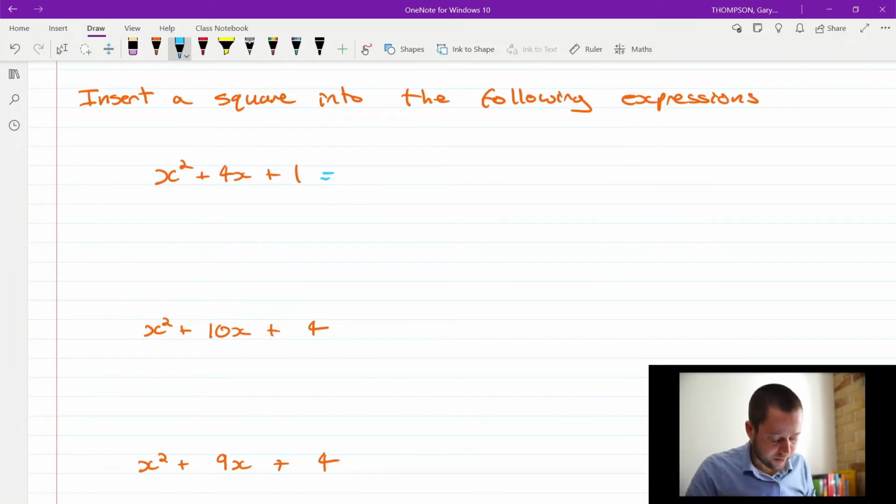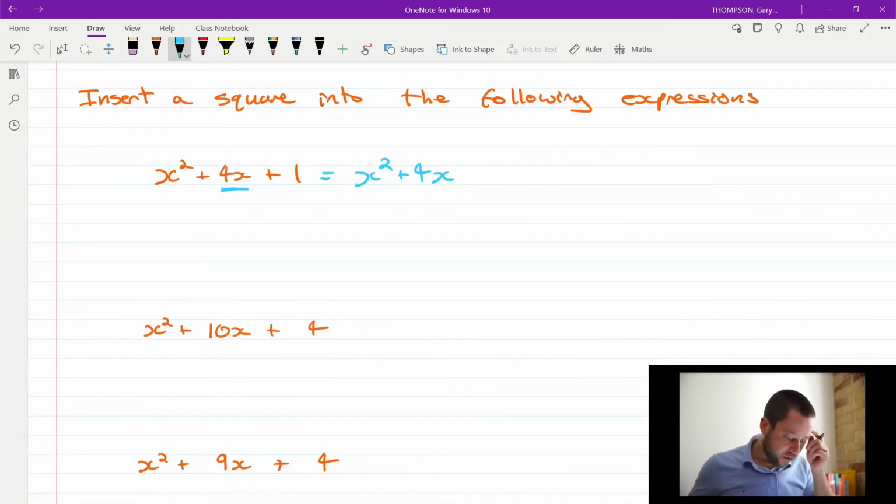So I've got x squared plus 4x plus 1. When we're completing the square, or inserting a square inside an existing expression, I only care about the x squared plus 4x. That's the part of the expression I care about when I'm forming a square.